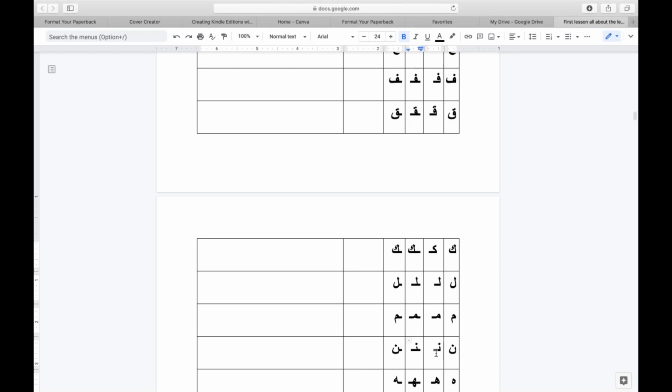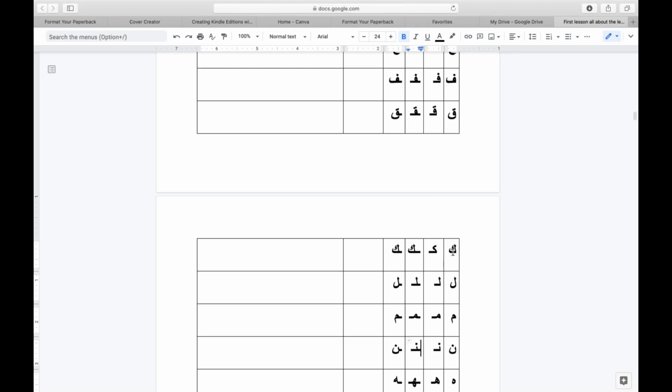Noon isolated, in the beginning, in the middle, but when you write it at the end, you have to come down like qaf. So ba, ta, tha are leveled with the line when you write, but once you go to qaf and noon, you must go down below the line to make it noon, not like ta. I know the dot, you will tell me, oh, but there is a dot. Still, that's how the body should be built.